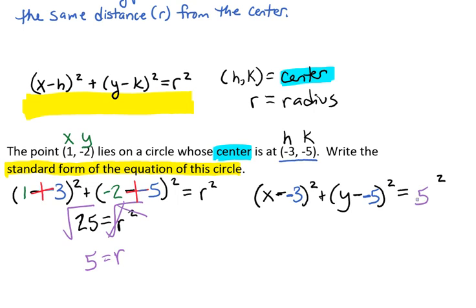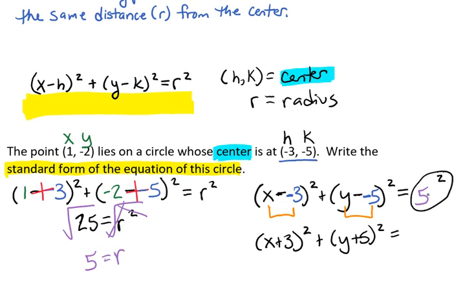So now we are going to simplify these. This is going to become (x plus 3) squared. This is going to become (y plus 5) squared. Then we're going to work this out to get 25.